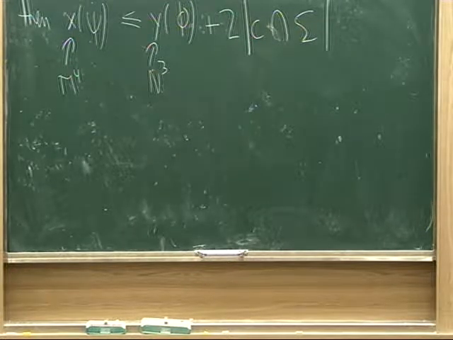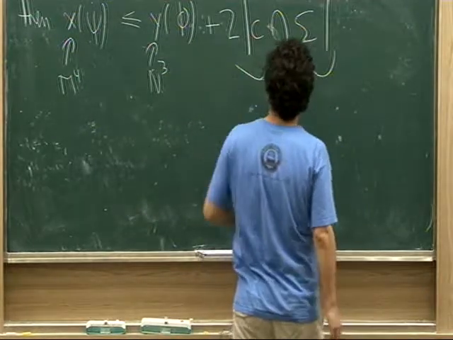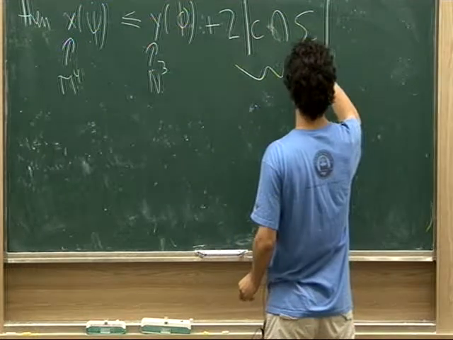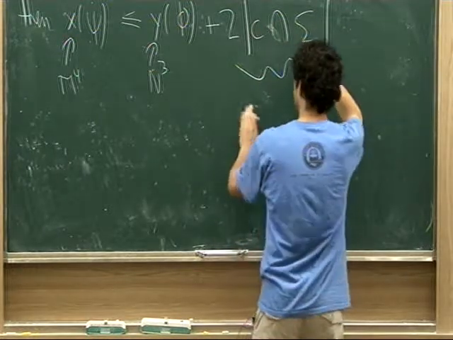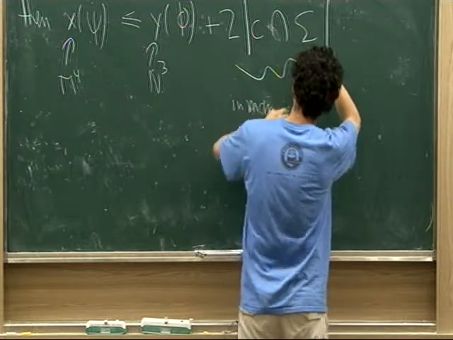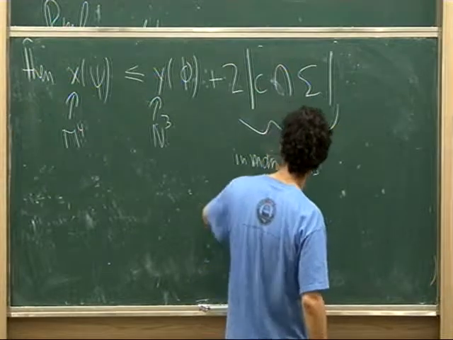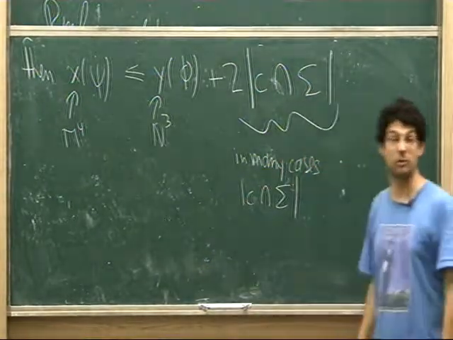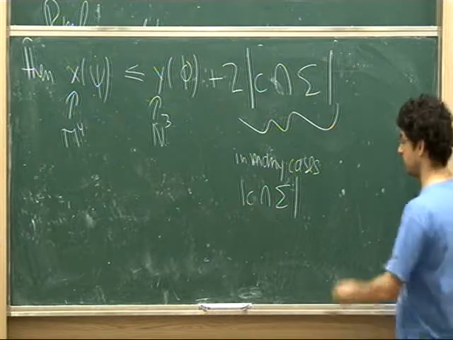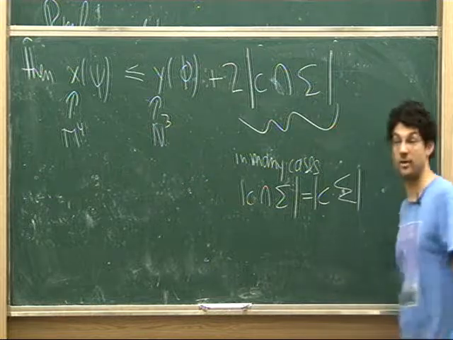So what is that? Yeah, that's a little bit annoying, so let me be a little bit vague. That's the geometric intersection number. In many cases, but not in all cases, you can arrange it to be the algebraic intersection number.